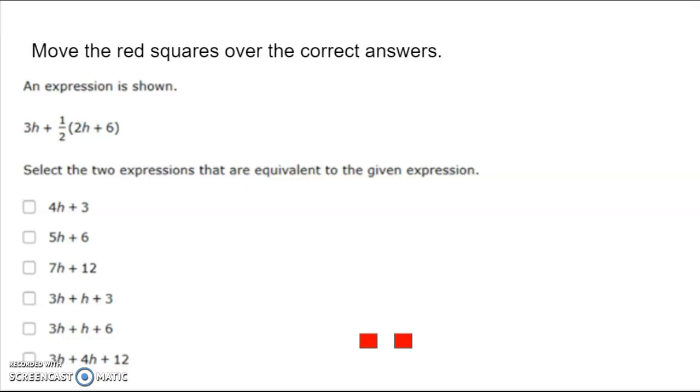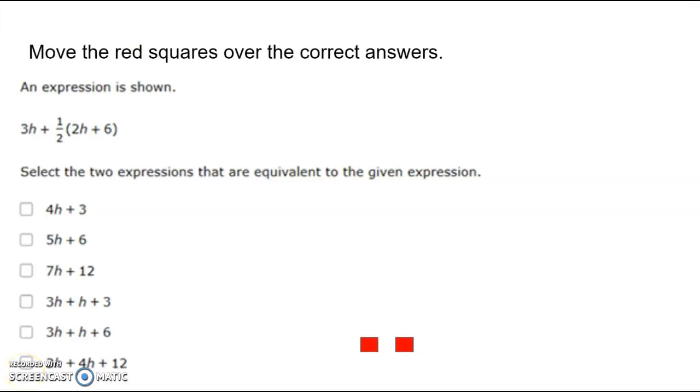For this problem, I'm looking at moving the squares to the right to the two correct equivalent expressions. So what I want to do is look at the expression 3h plus 1/2 times the quantity 2h plus 6. So now I'm going to need to distribute that 1/2 to everything inside the parentheses.